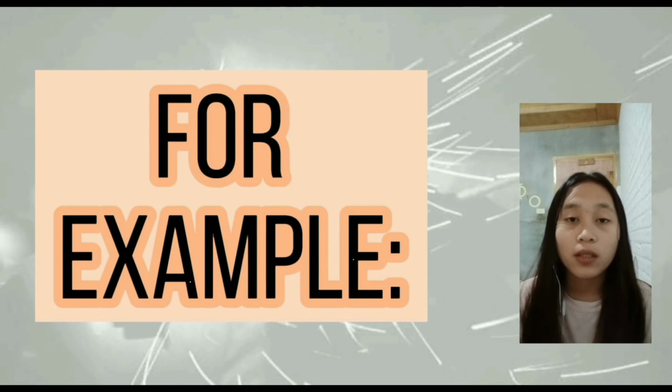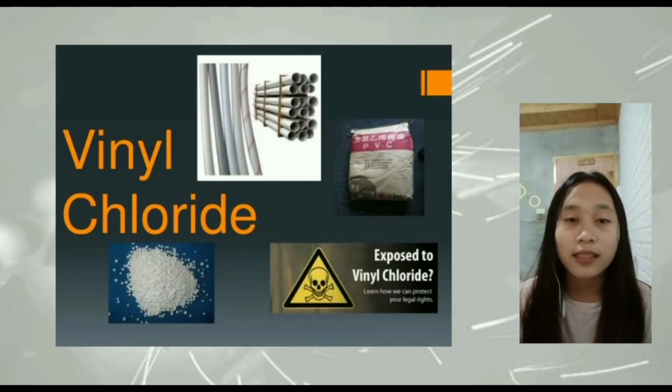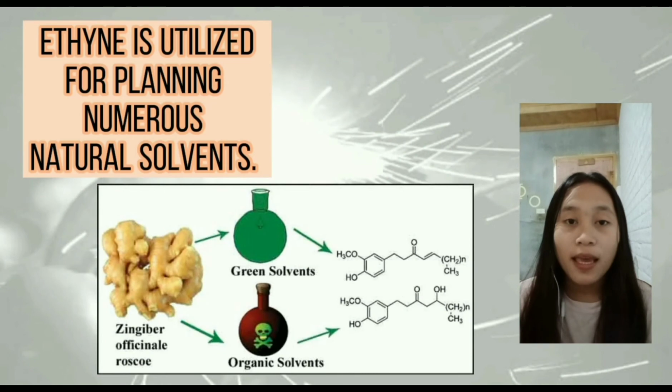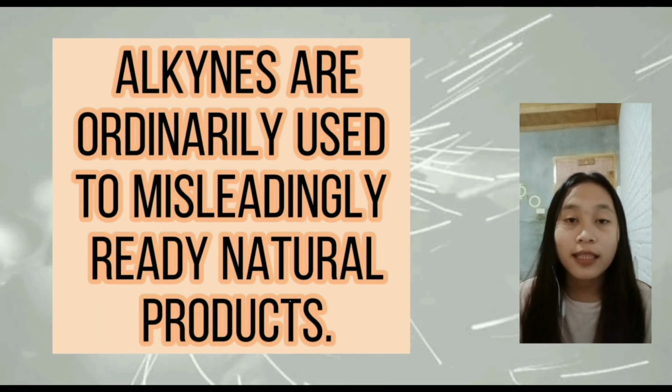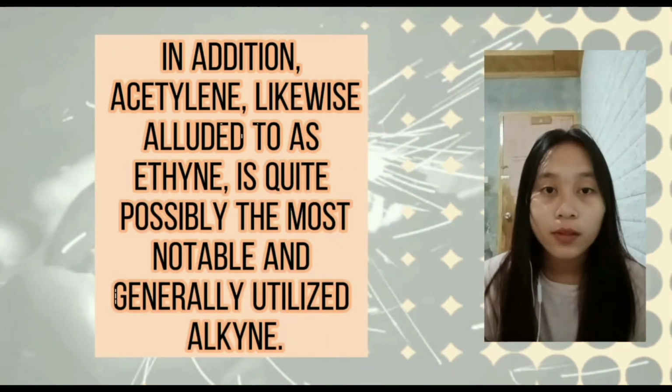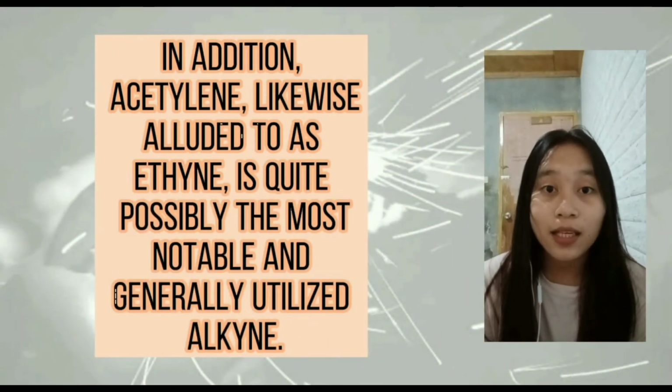For example, vinyl chloride is used as the starting material for PVC, and chloroprene is used for synthetic rubber neoprene. Ethyne is used for preparing many organic solvents. Alkynes are commonly used to artificially ripen fruits. In addition, acetylene, also referred to as ethyne, is quite possibly the most well-known and widely used alkyne.